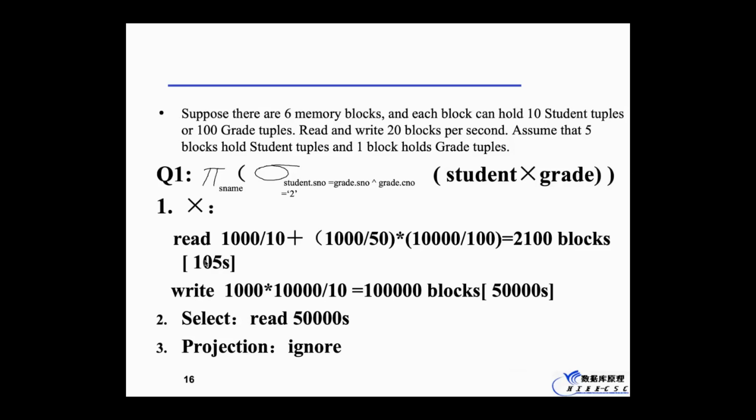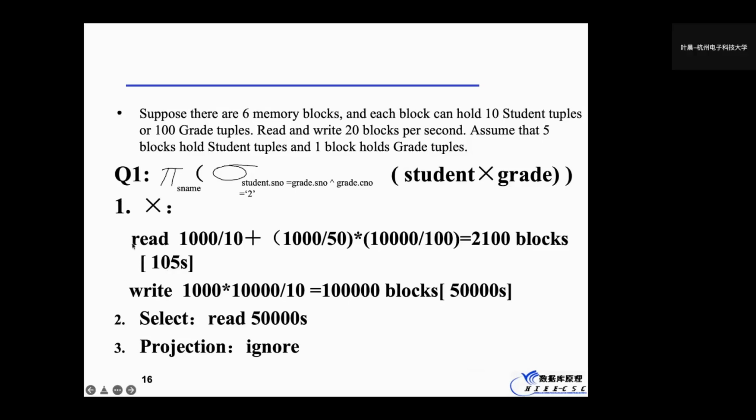Then after the Cartesian product, we have the select time. So here the select time is read, and we have cost 50,000 seconds. And then we have the projection time, which can be ignored. So the total time cost is this one plus this one plus this one.